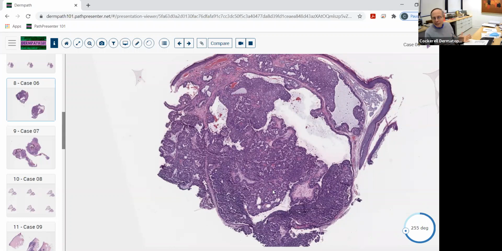Not every adnexal tumor, but if you get a large nodular adnexal neoplasm like a hidradenoma or a pilomatricoma even, rarely, they can sometimes undergo malignant degeneration over time. It's not very common. The vast majority don't become malignant, but they can, like a malignant mixed tumor or hidradenocarcinoma, but it's relatively rare.